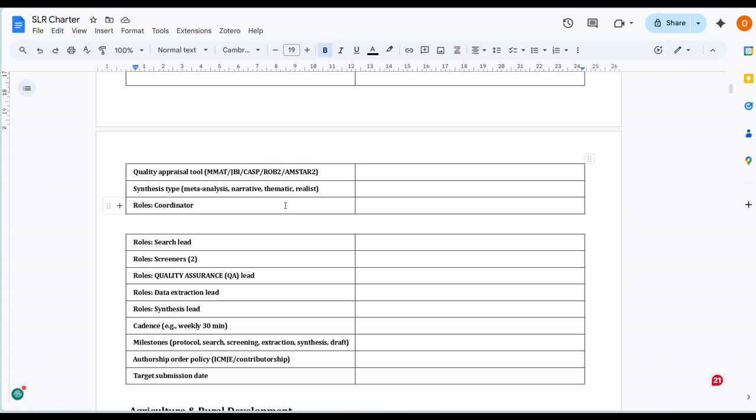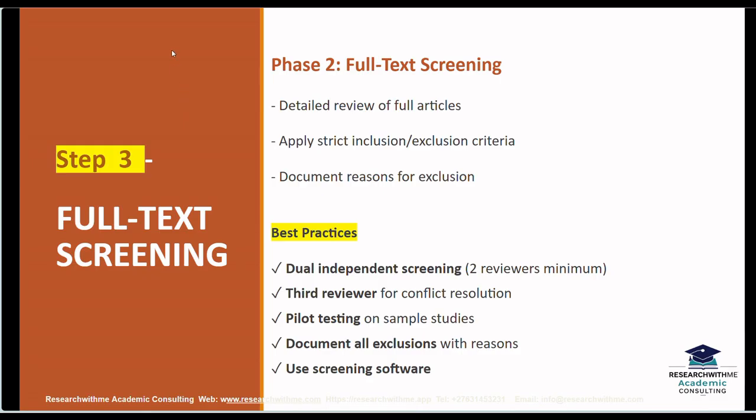Which one are we using: MMAT, JBI, CASP, ROBINS, or AMSTAR? Everything will be detailed, so at that level the work becomes simplified. So that is that about the screening. Now let's move to the next one.